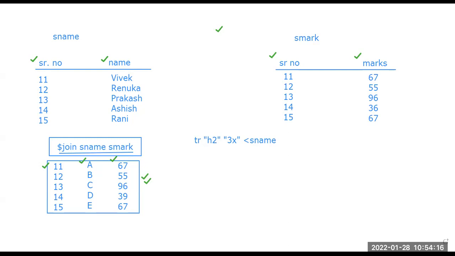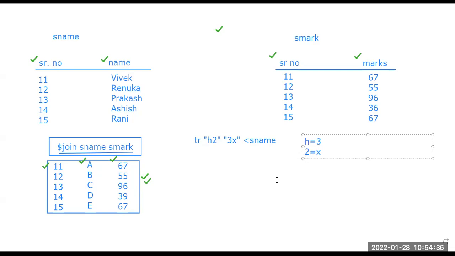Whatever is written, that is h2, translated with 3x from sname, defines that h will be replaced by 3 and 2 will be replaced by x.